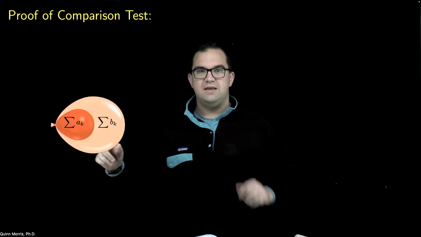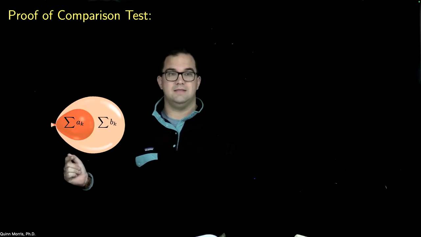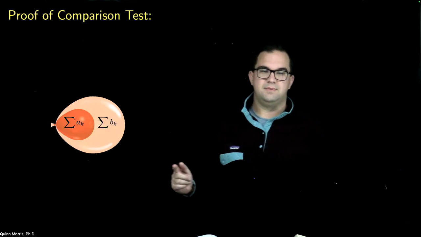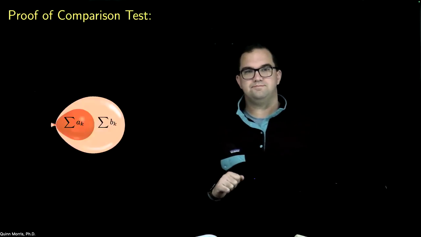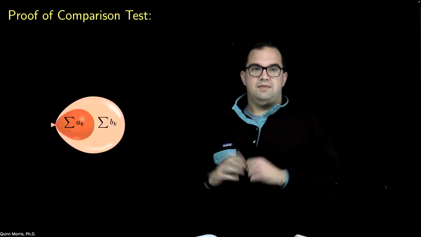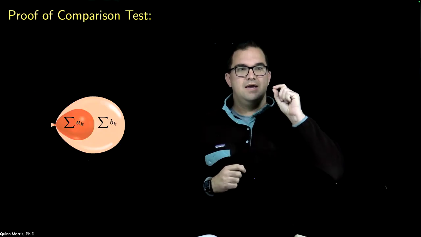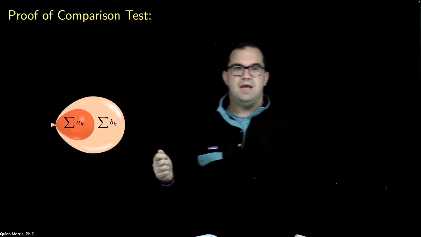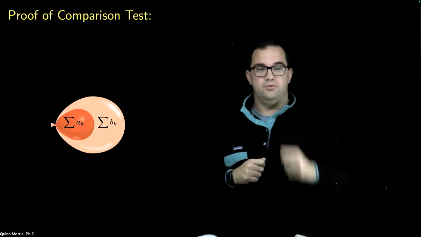And we are going to think of the smaller inside balloon as being the sum of the a_n and the larger balloon as being the sum of the b_n, or I guess a_k and b_k. Each a_k is a little puff of air that you're putting in the balloon, and each b_k is a little puff of air that you're putting in the other balloon.